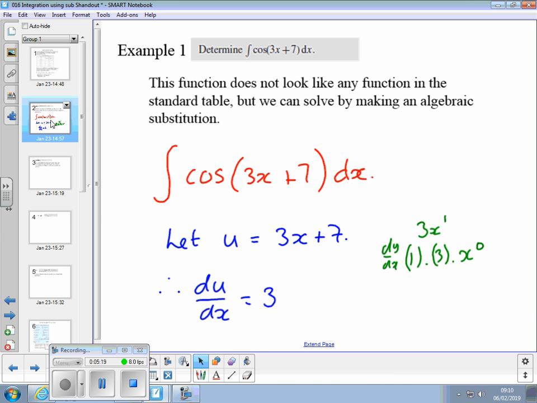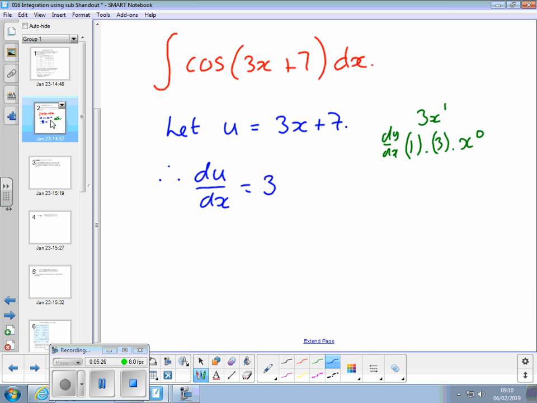Alright? And then we rearrange this differential so that it is in terms of dx. We need to make dx equal something. So therefore, dx is equal to du/3. What we can now do is replace.